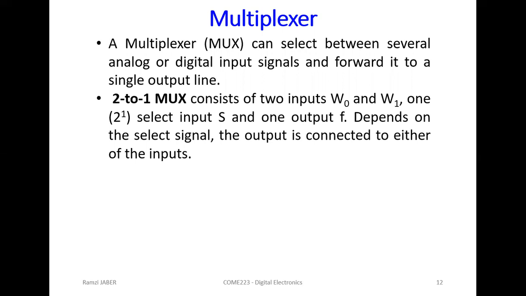Here we have 1 selection, because we have 2 inputs, 2 power 1. The number of selection lines in the multiplexer depends on the inputs. If we have 4 inputs, we need 2 selection lines. We'll see it later on.